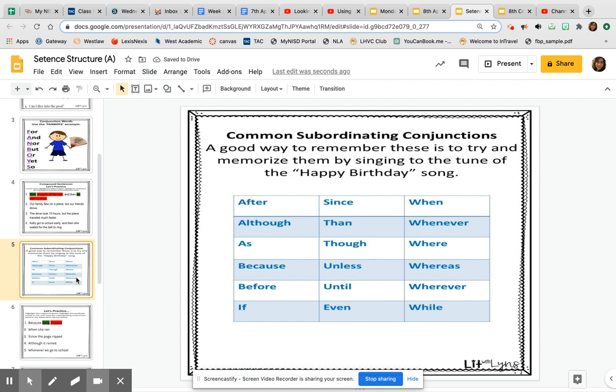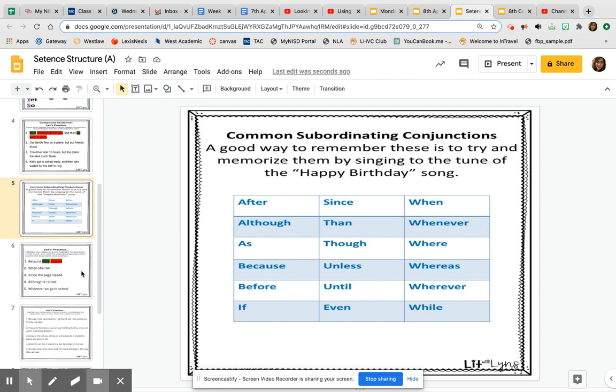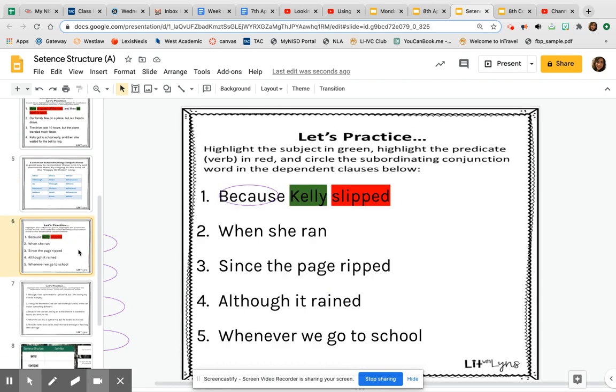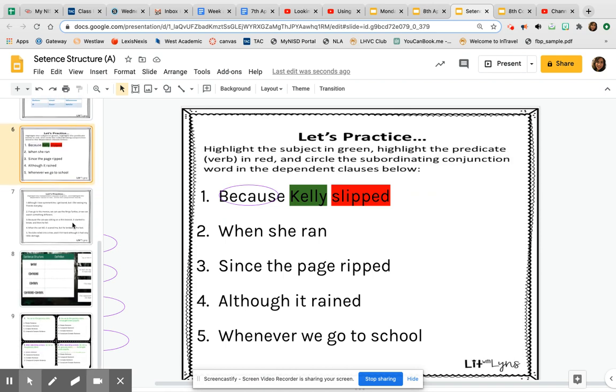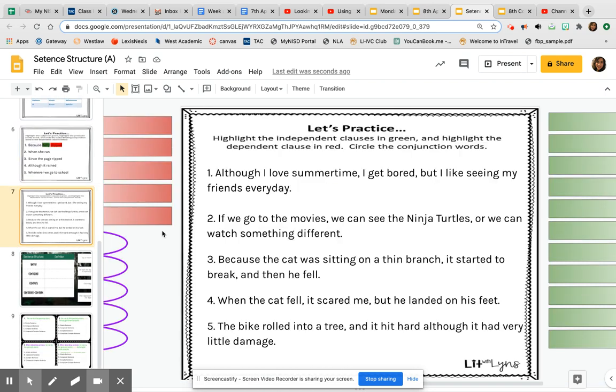If we look back at slide 5, we see because right here it's on our list. So this is going to help you, okay? And you'll continue completing the other 4 left over on slide 6. Slide 7, we're going to put it all together. So we're going to highlight the independent clause in green, highlight the dependent clause in red, and circle the conjunction word.